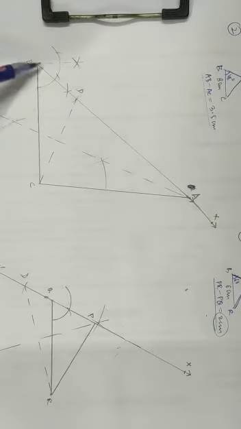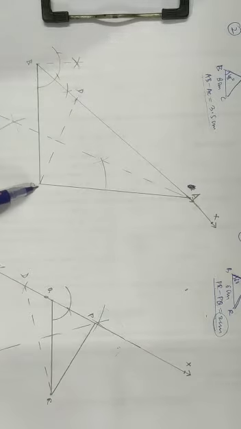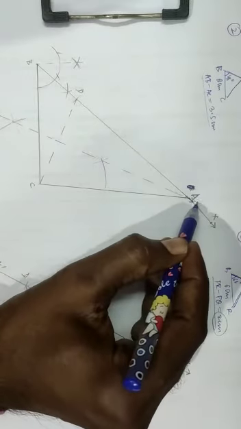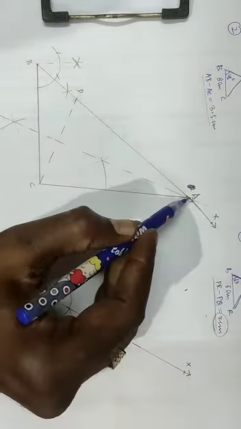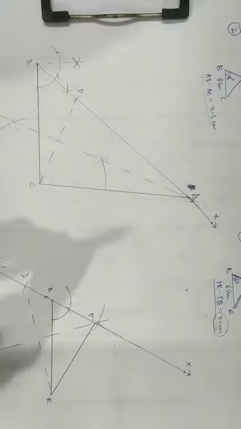We draw an arc intersecting this ray BX at D. Then we join CD, and after that we draw the perpendicular bisector of CD. The perpendicular bisector of CD intersects BX at A. So we join A to C, and we get this triangle ABC.